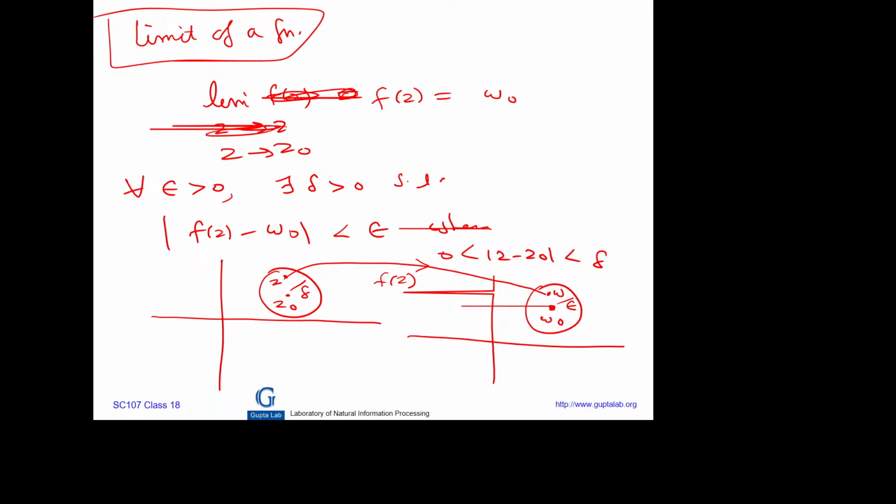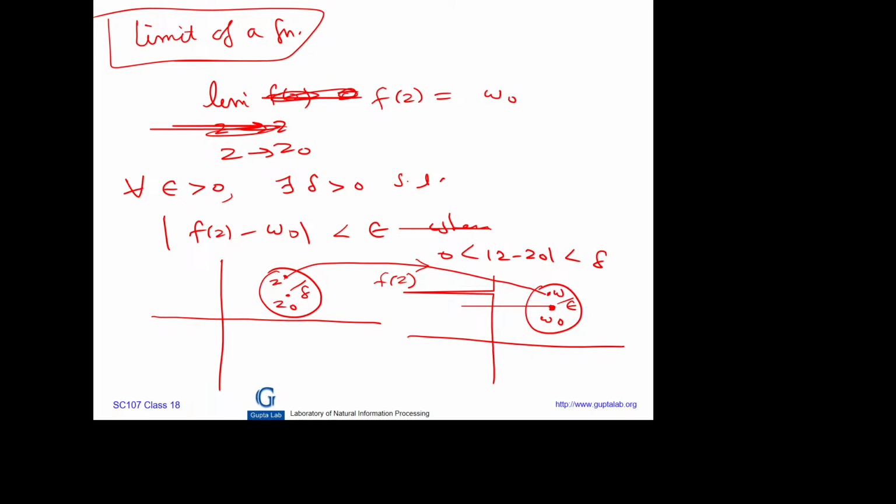Now this thing should be less than epsilon, provided what should happen? I have to find delta. So mod of z minus 1, can I say that this whole thing will be less than epsilon whenever 0 is less than mod of z minus 1 is less than 2 epsilon?